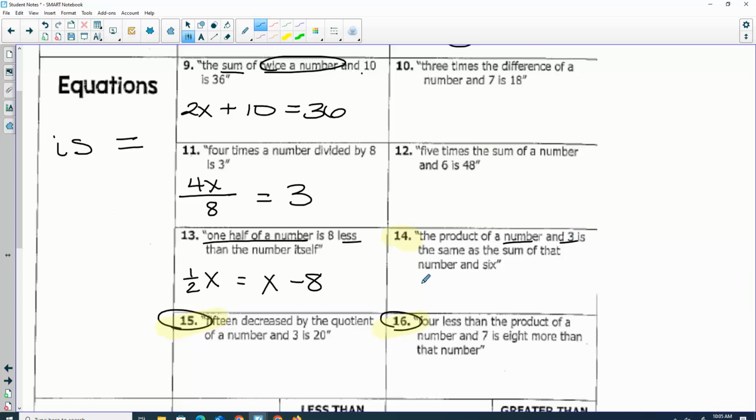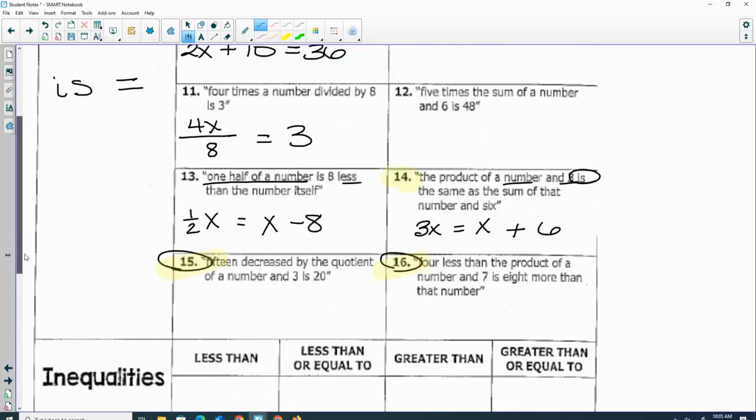So you can write x times 3 or just 3x. Is, that's the magical word that means equals. It's the same as the sum, so we are adding that number. Number is x and 6. So 3x equals x plus 6.